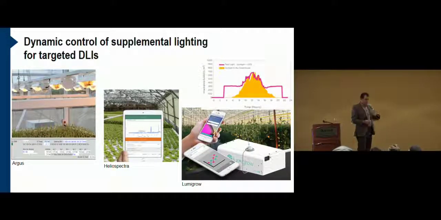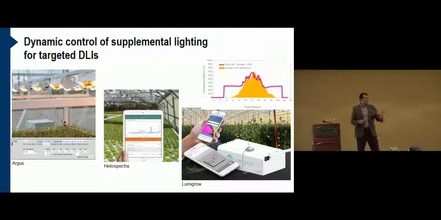Now, we're seeing more sophisticated applications in terms of the management and control of supplemental lighting systems. For example, some of the environmental control systems you would see out there are now integrating quantum sensors and measuring and analyzing in a way that you have more dynamic control of the supplemental lighting.